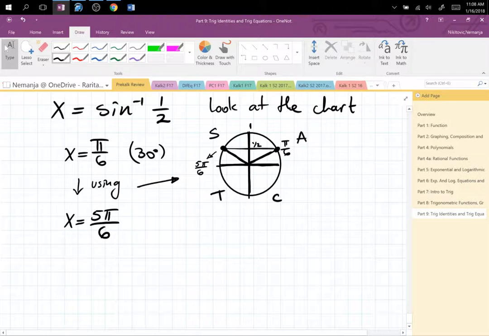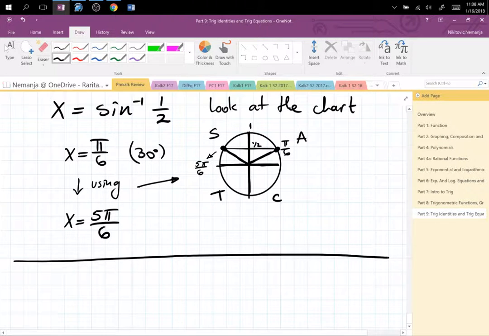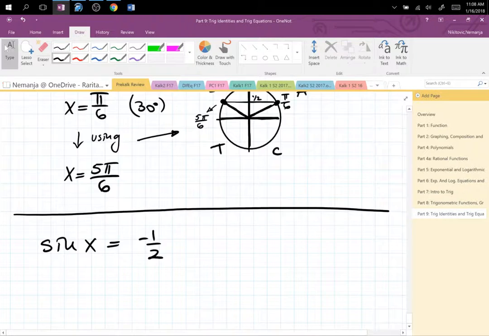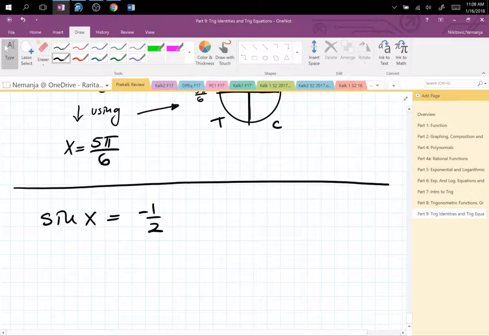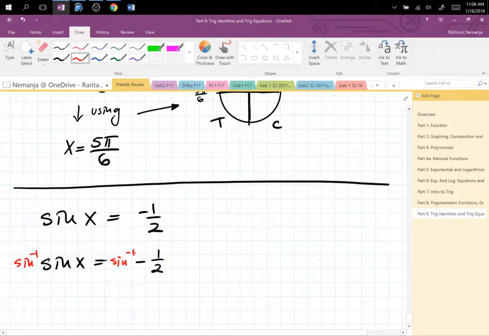So now let's solve the same problem, but this time sine x equals negative 1/2. So now it's negative. Alright. I'm going to write sine x equals and then leave some space to apply my inverse sine, because inverse sine is the one that kills off the sine.